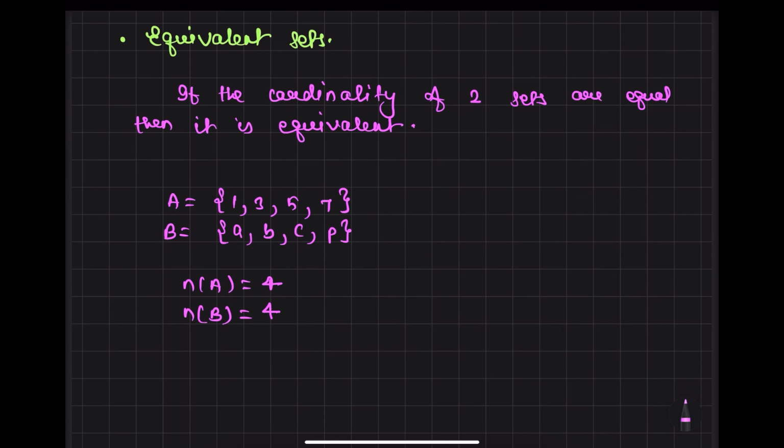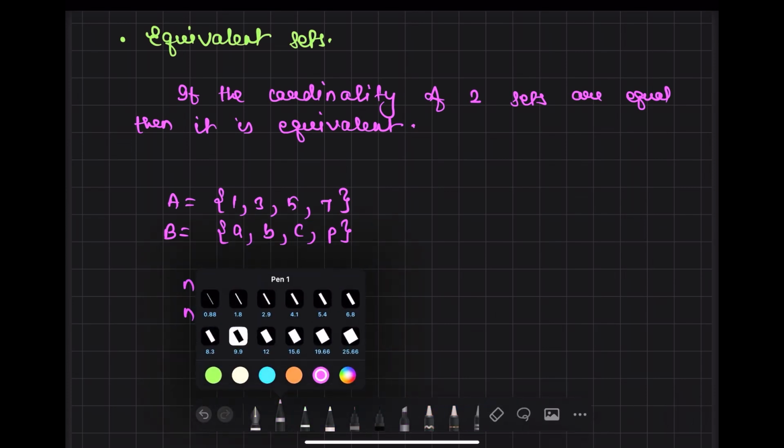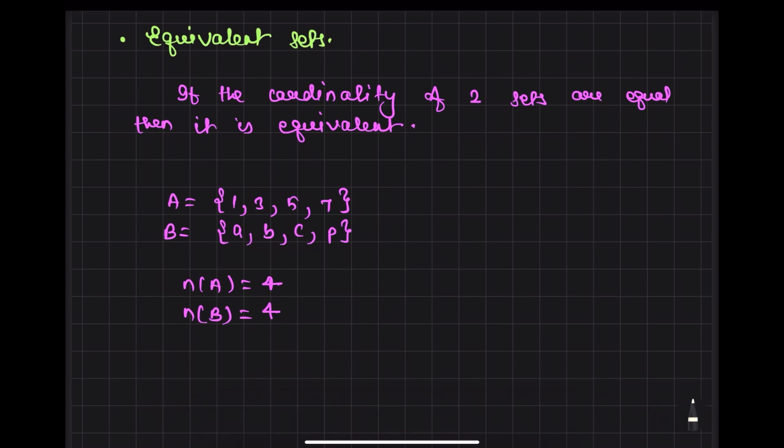Now try to focus on some equal sets. Suppose that set A contains 1, 5, 9, and 13. So you got your set A. Now focus on set B: 13, 5, 9, 1. Now look at this.